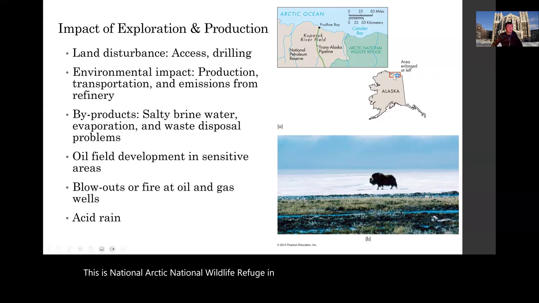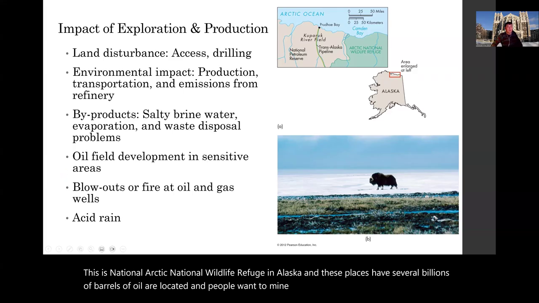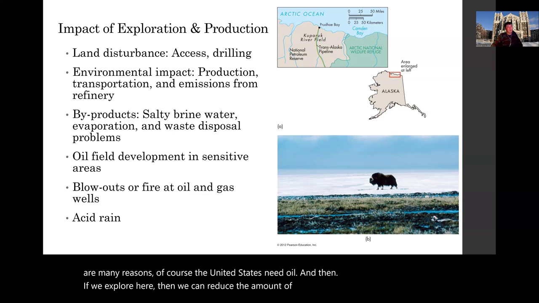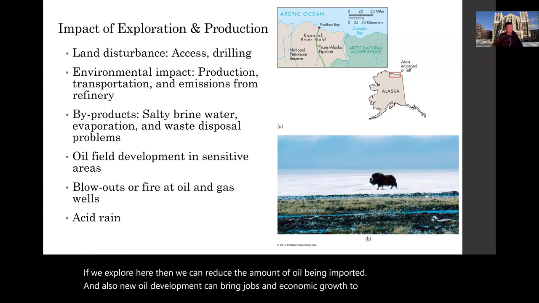These places have several billions of barrels of oil located, and people want to mine them. Of course, there are many reasons. The United States needs oil, and if we explore here, we can reduce the amount of oil being imported. Also, new oil development can bring jobs and economic growth to Alaska and so forth.